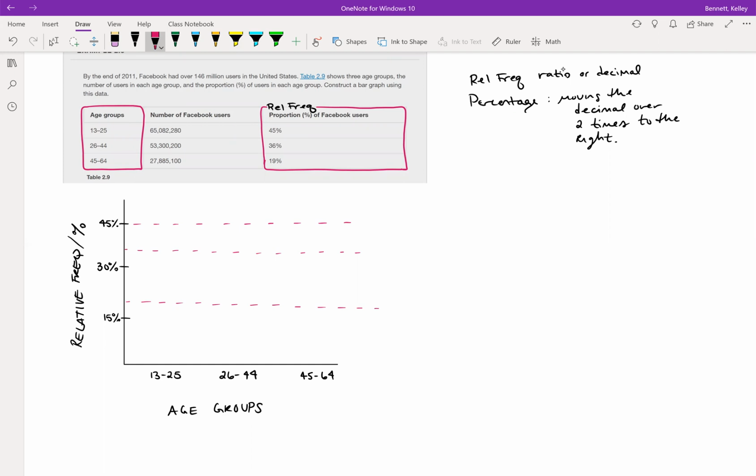Okay, so for 13 to 25-year-olds, they make up 45%. The way that I'm going to draw that is I'm going to create a rectangle right above where I list my age range. And then I create the rectangle, and then I want to go ahead and fill it in.